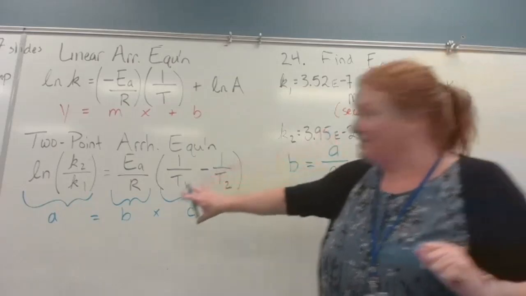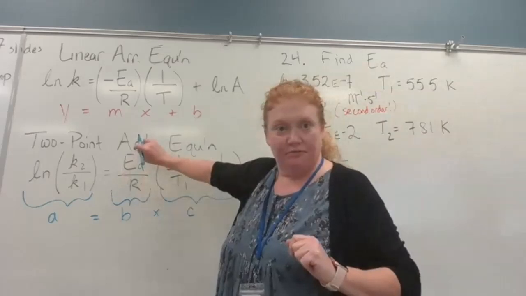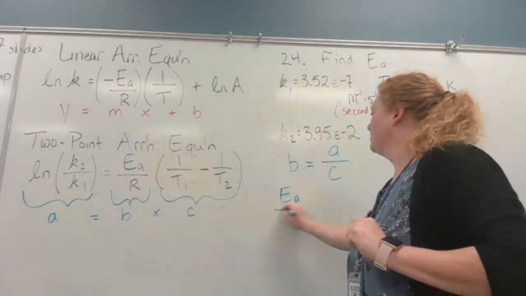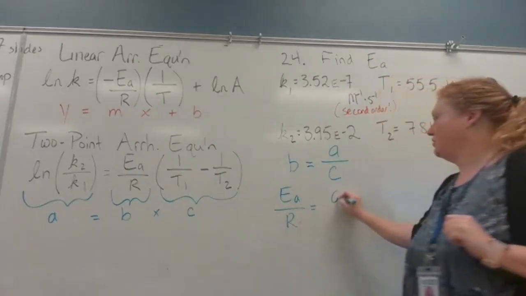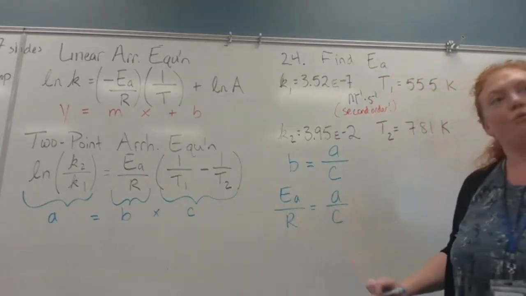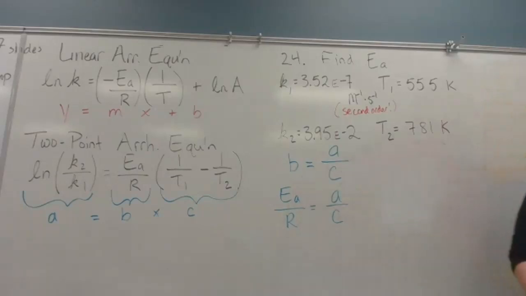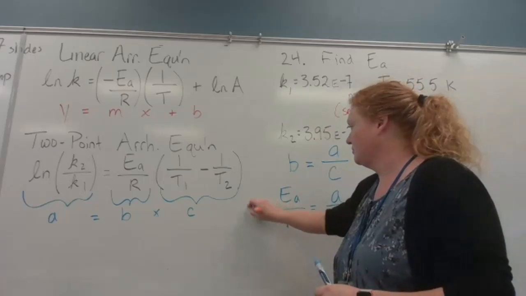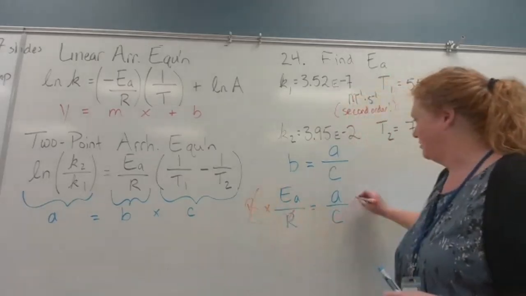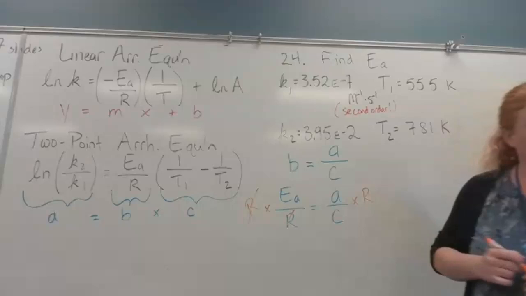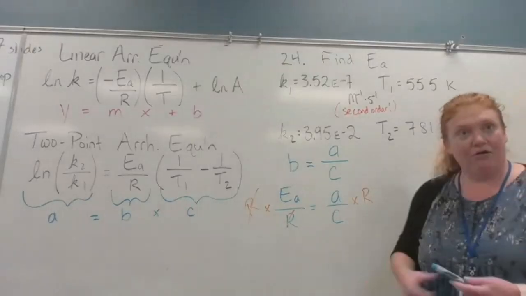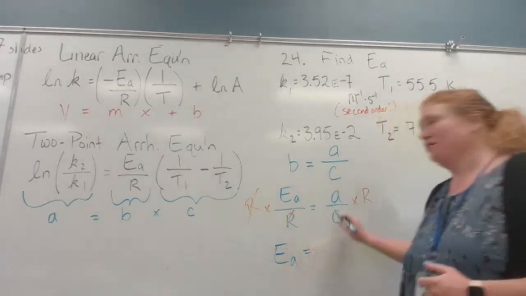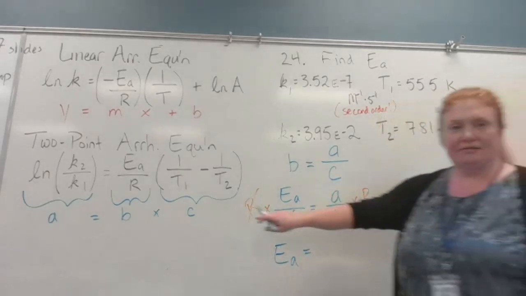Now, B is actually what two numbers over each other? EA over R, equals A over C. What do I do now to get activation energy by itself? Both sides get multiplied by R. And now, you guys, find what A is.